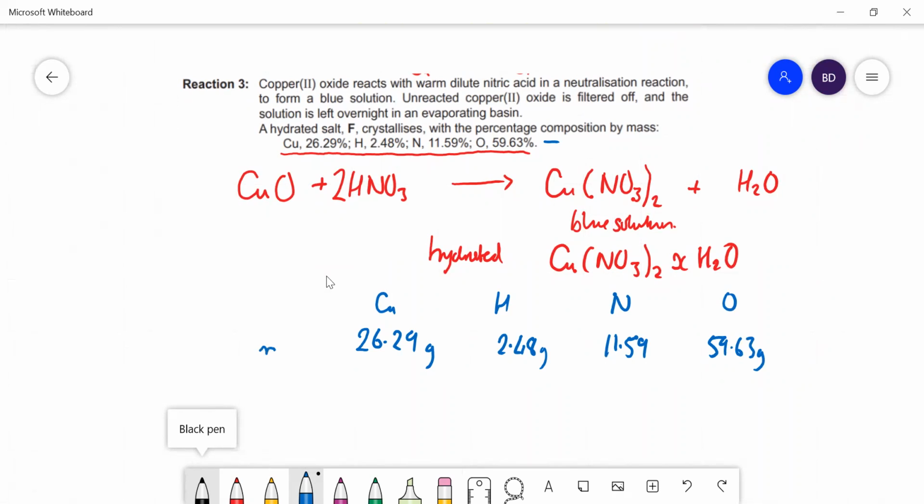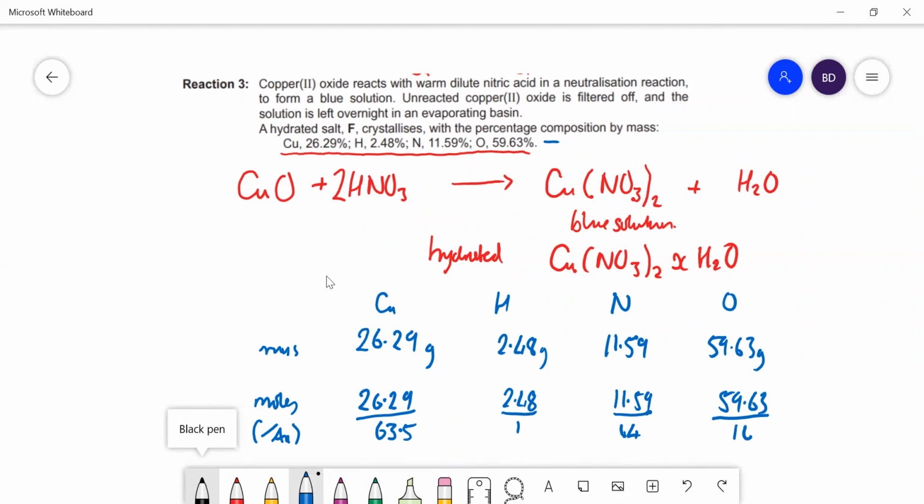So this is the mass, but we need to work out a ratio of moles, so we're going to divide by the Ar, the relative atomic mass. So 26.29 over 63.5 for the copper, divided by 1 for the hydrogen, 11.59 over 14 for the nitrogen. The Ar of oxygen is 16, divide that by 16.